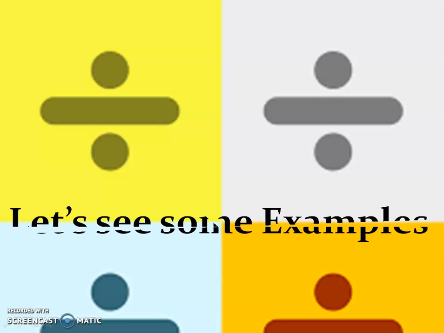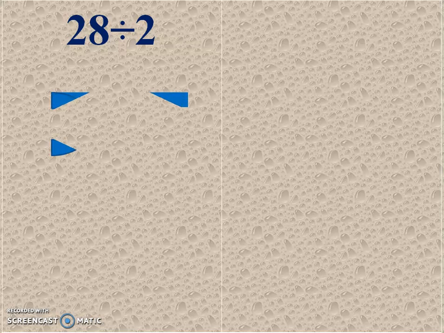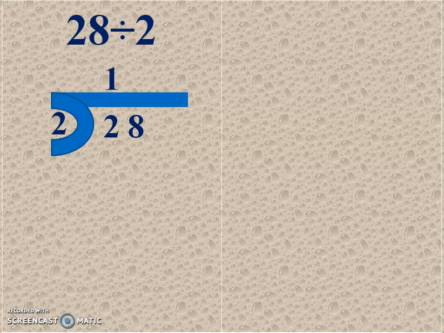Now let's learn more about division with the help of some examples. Number 1, 28 divided by 2. First of all, if we get a question in this format, we have to change its format in this way. And we put dividend and divisor in their own places. Where 2 1s are 2. When we subtract 2 minus 2, we get answer 0.